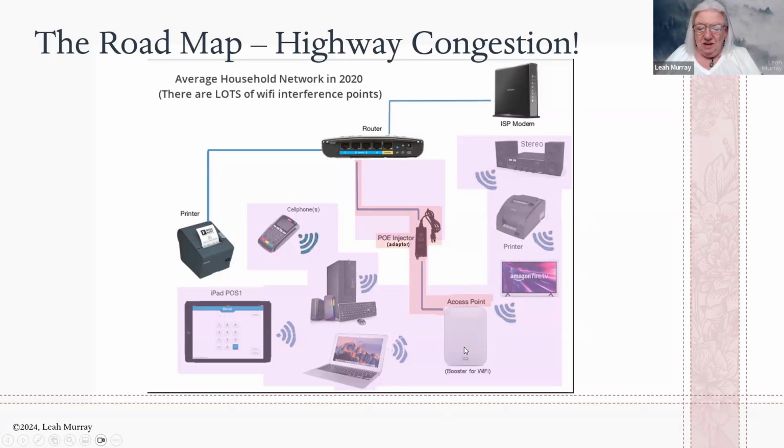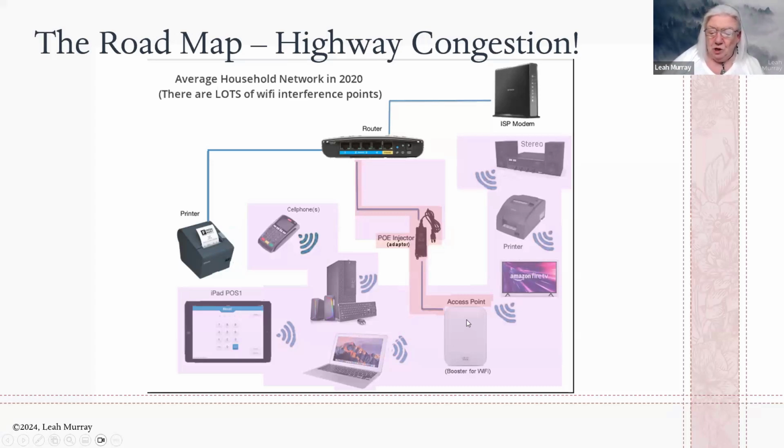And as you can see, the access point is sitting here collecting all the radio signals if they're not stepping on each other. The cell phone and the iPad tend to wander around a lot, and the laptops, and it's laptops plural now, not laptop singular in most households. All of those are actually looking for radio signal space to communicate with this booster.